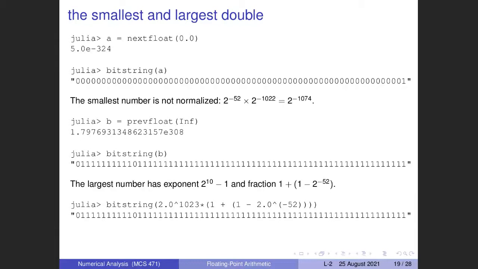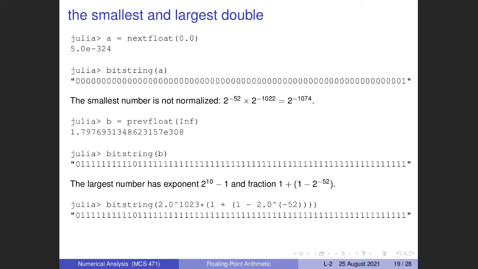We can also ask what is the largest number. So there is the next float and the previous float. And infinity, even though there's no computer, and there's never going to be ever a computer large enough to represent infinity. But here you can see that we humans, we mathematicians, we can invent symbols.